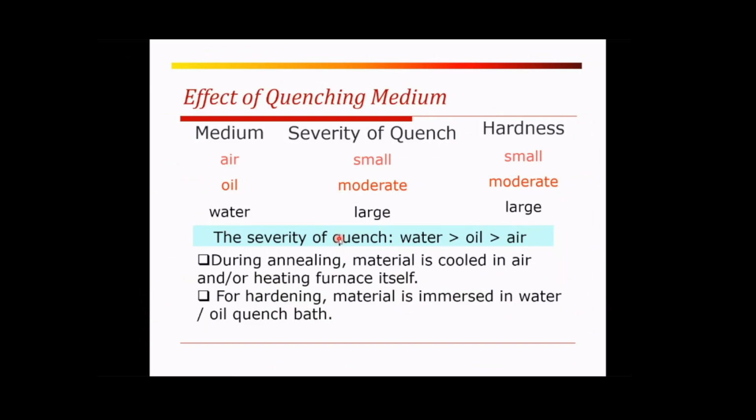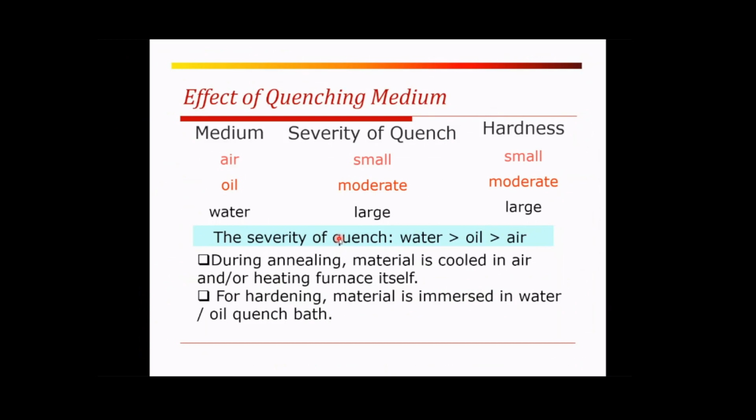In these four processes, we use different types of cooling mediums. The mediums may be air cooling, oil cooling, or water cooling. Quenching means dipping the material in the medium.